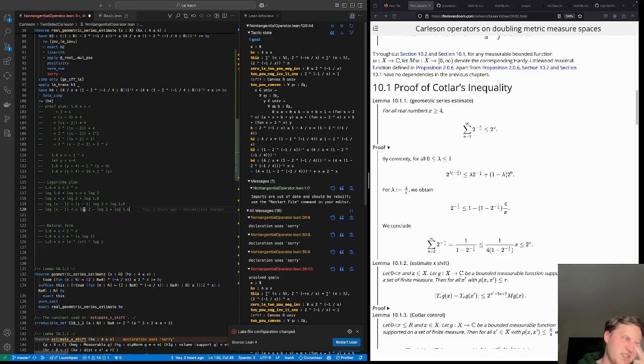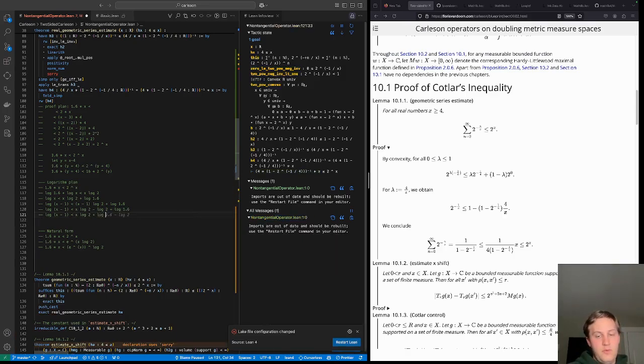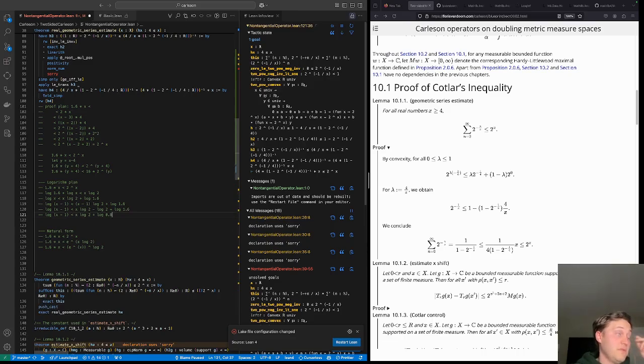Log 2 is less than 1, right? Minus log 2. The point is that minus log 2 plus log this can alternatively be written as log like 0.8 or something, because we divide by 2, which gets into the negative territory. Wait, I'm confusing myself here.